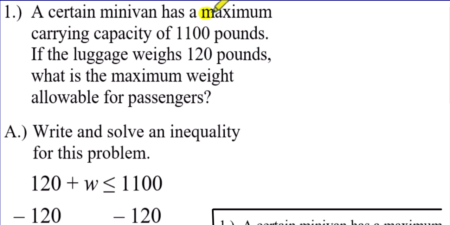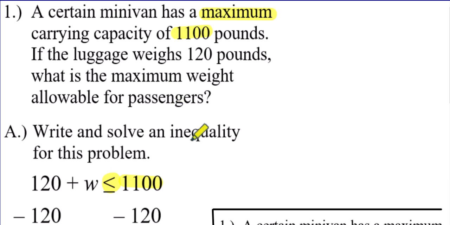And this problem definitely said the word maximum. Maximum means that much or less, which is why we had less than or equal to. And since 1,100 comes immediately next in that sentence, we keep the 1,100 to the right of the inequality symbol, just like it was to the right of the word maximum.